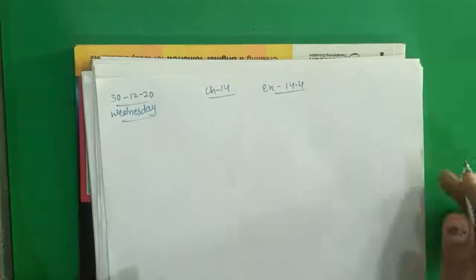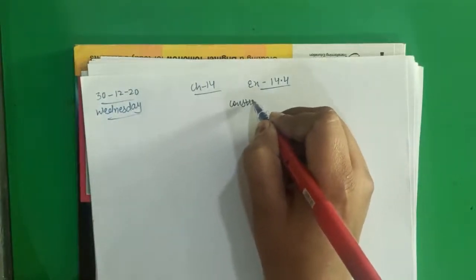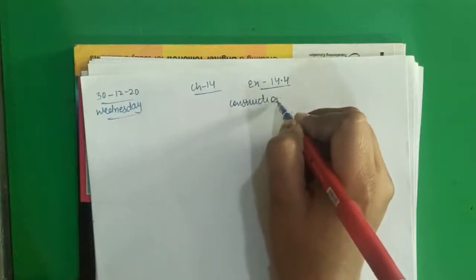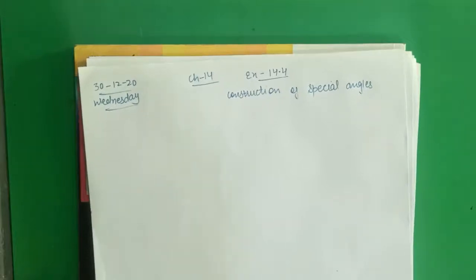So for today, we will continue with the same exercise, and today's topic is construction of special angles. So my dear students, special angles are the angles which are multiples of 15 degrees, right?